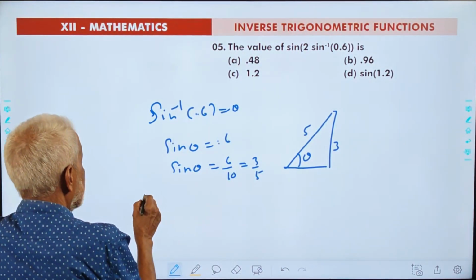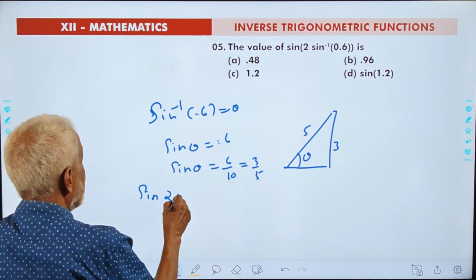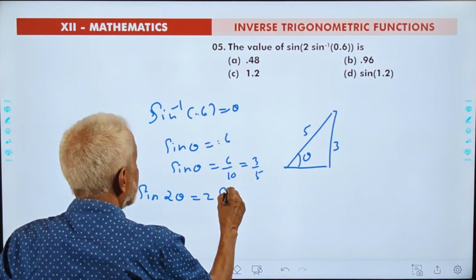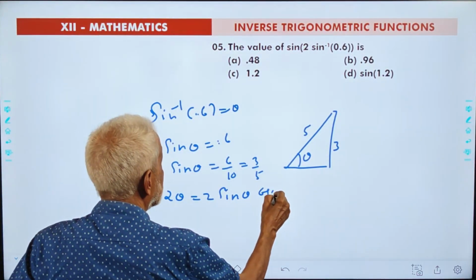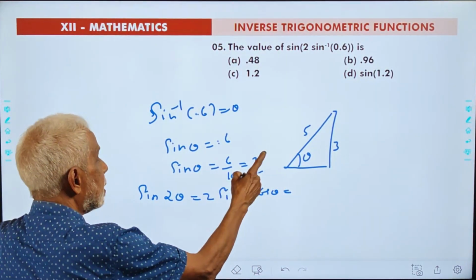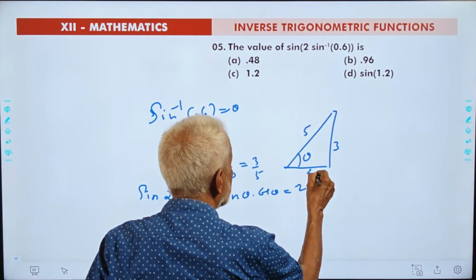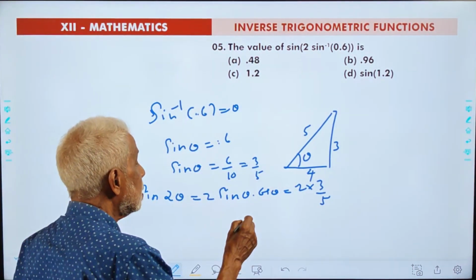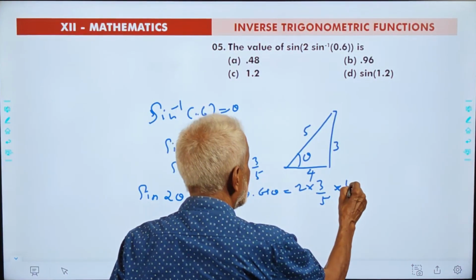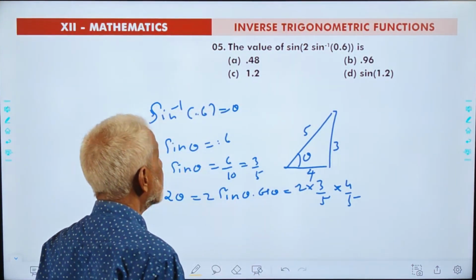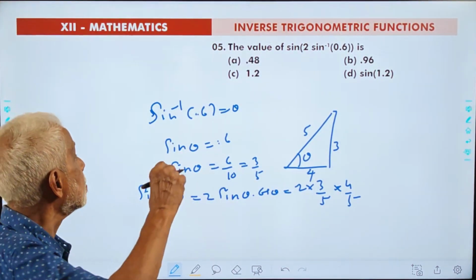Then the expression becomes sin 2 theta, which is equal to 2 sin theta into cos theta. From the figure, the value of sin theta is 3 by 5 and the base is 4. Therefore, 2 into 3 by 5 into 4 by 5, which gives B choice.